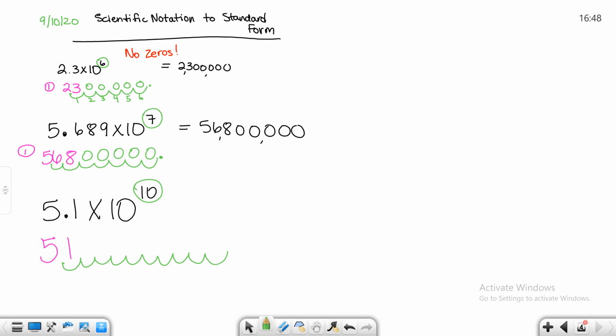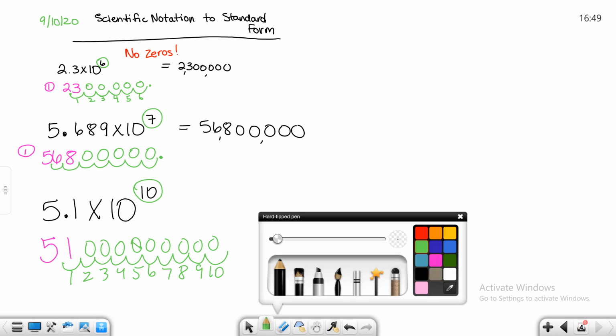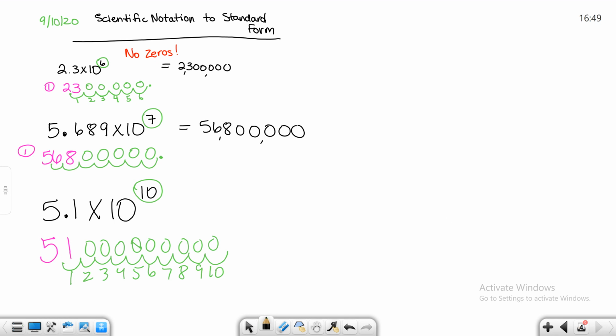Notice how I am not putting 10 zeros. I'm actually looking at place value. 1, 2, 3, 4, 5, 6, 7, 8, 9, and 10. So this is equal to 51 billion.